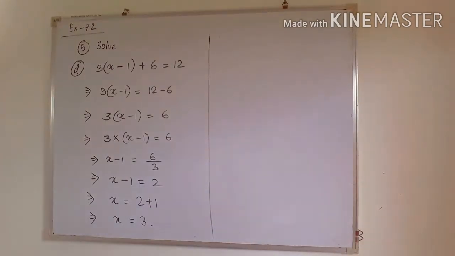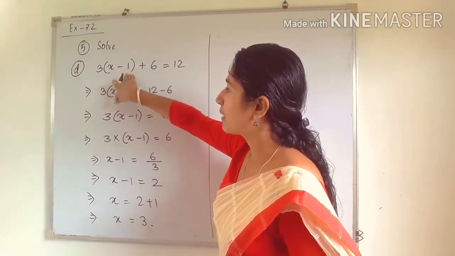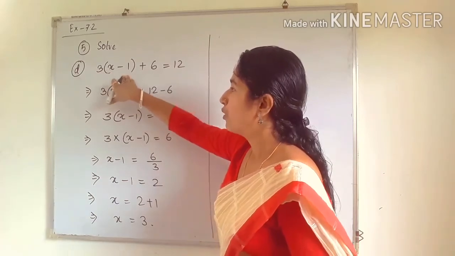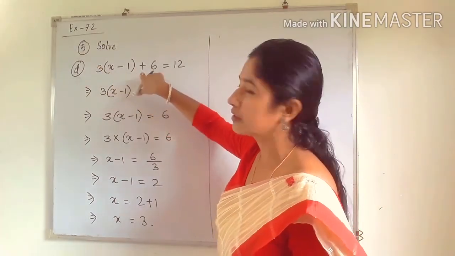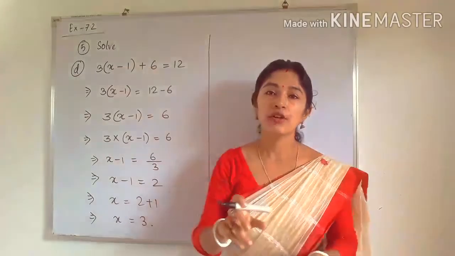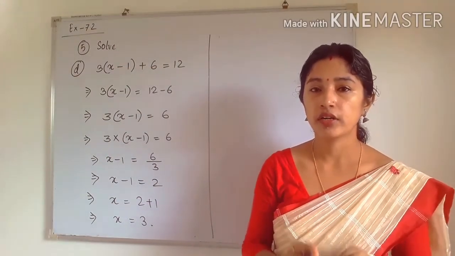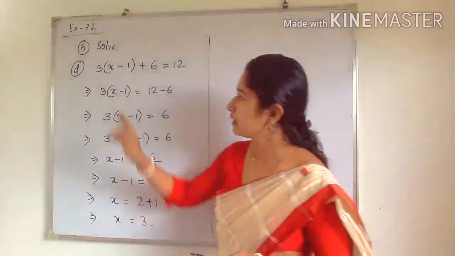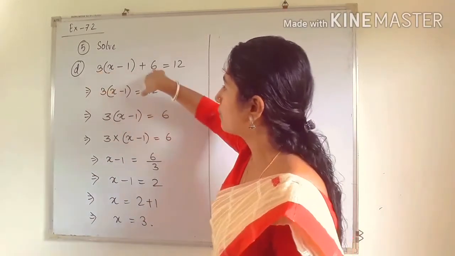So see the next question is number D. So here first of all, see 3 is multiplied with x minus 1, the whole bracket, okay. And one more thing, in left hand side plus 6 is also there. So what number we have to transfer first? See, we have to do step by step, already I told you. So as you can see, 3 is multiplied with this only and 3 is not multiplied with 6.